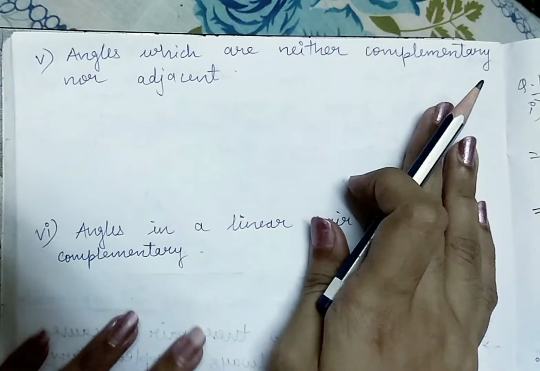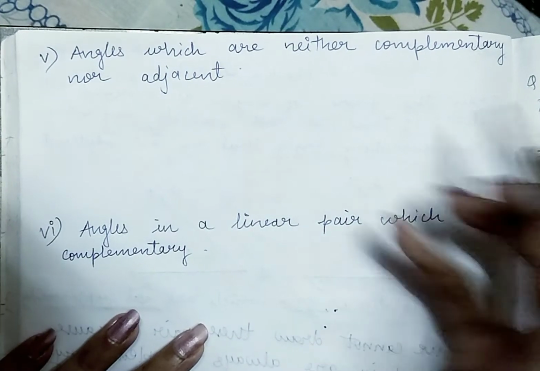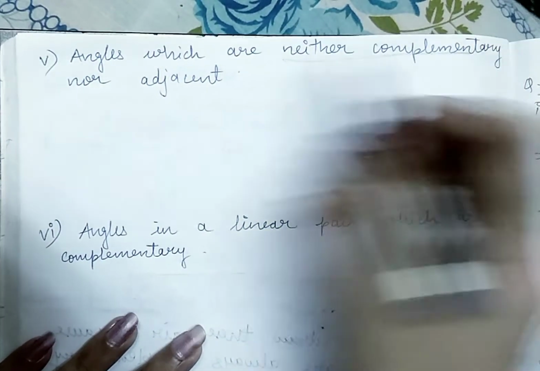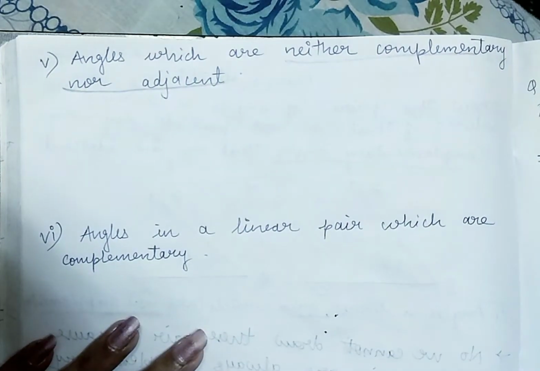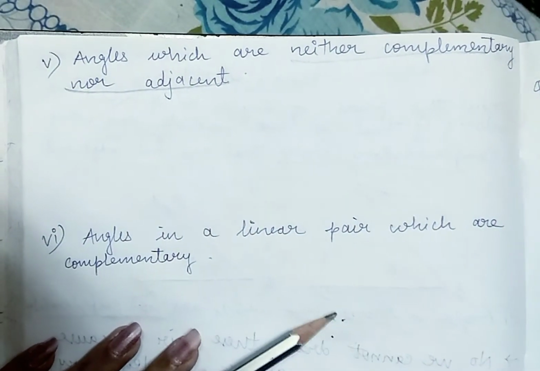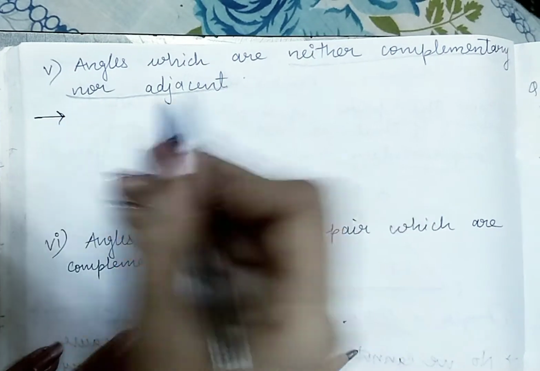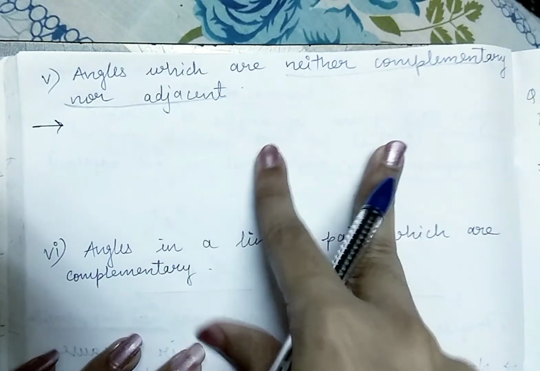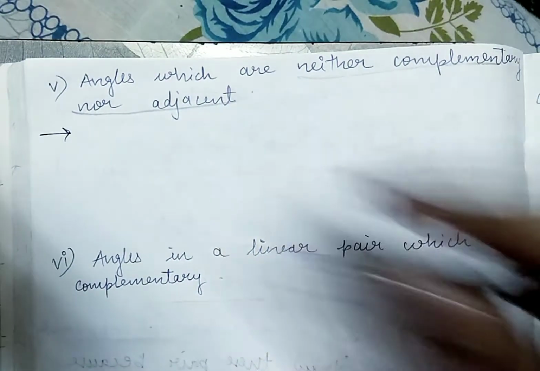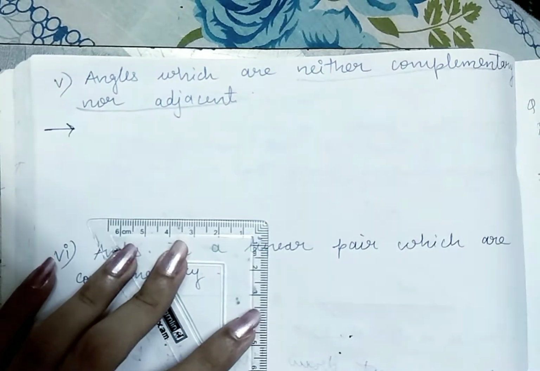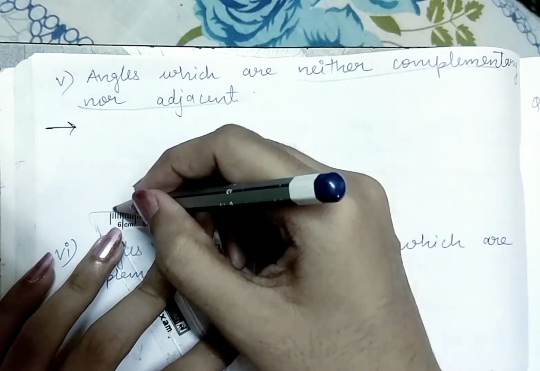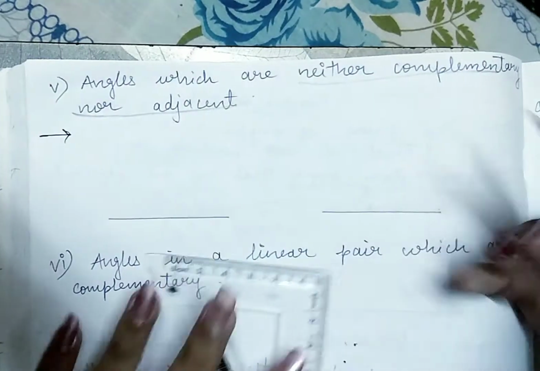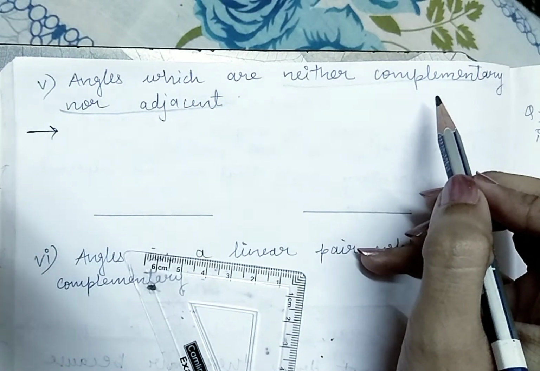Next is angles which are neither complementary nor adjacent. It should not be complementary, it should not be adjacent. So obviously we have to draw them separately. Why? Because it is not adjacent. So we will draw two angles separately of random measurements, such that they are not complementary.